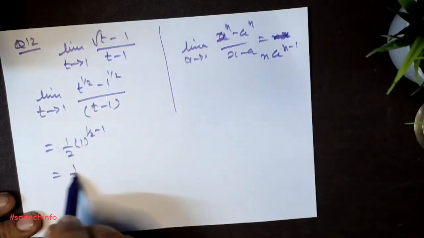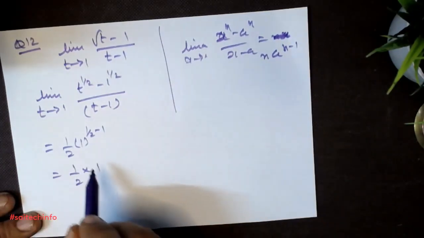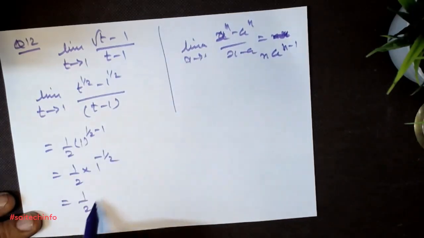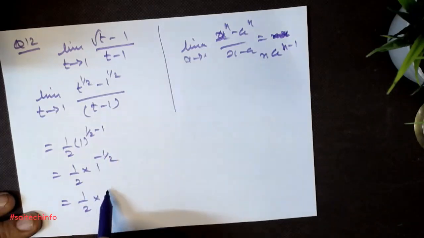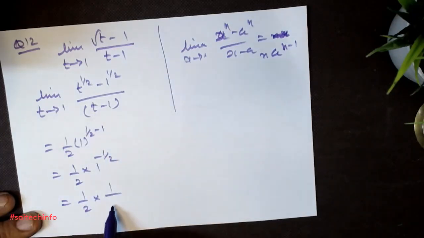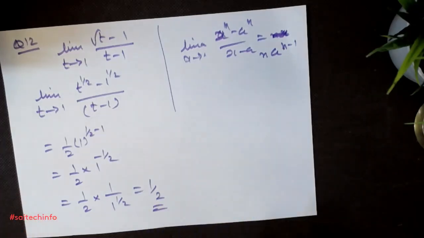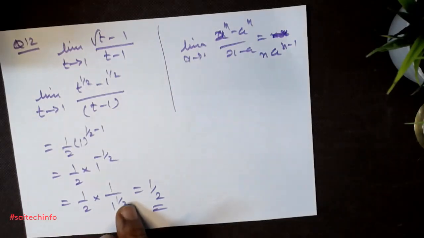Therefore 1 by 2 into 1 power minus 1 by 2. So that is equal to 1 by 2 into 1 by 1 power 1 by 2. So that is nothing but 1. So 1 by 2 is the answer. 1 power root 1 by 2 is nothing but root 1. Root 1 is 1.